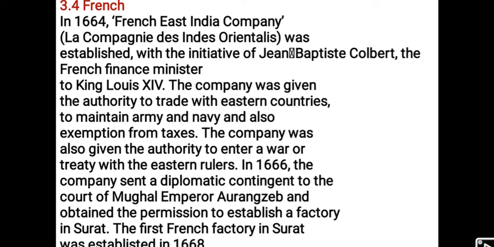They had the authority to enter a war with the eastern ruler, and on that basis they demanded of the Mughal Emperor Aurangzeb the permission of establishing a factory in Surat, otherwise they would have an open war. So Aurangzeb gave permission of establishing a factory, and hence in the year 1668 the French first factory was established in Surat.